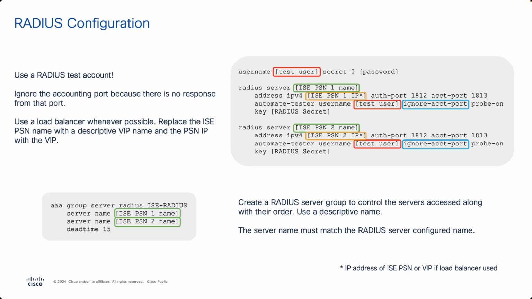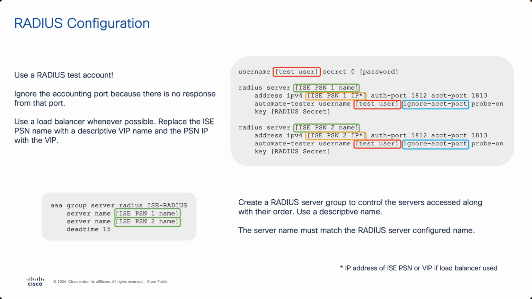The PSN IP will vary because you can have either a direct IP address to the PSN, or if you have a load balancer, which we highly recommend using, this is where you would put the VIP, the virtual IP address of the load balancer. So even though you have the ISE PSN name, which can be any descriptive name, it doesn't have to match the exact name, just give it a descriptive name.